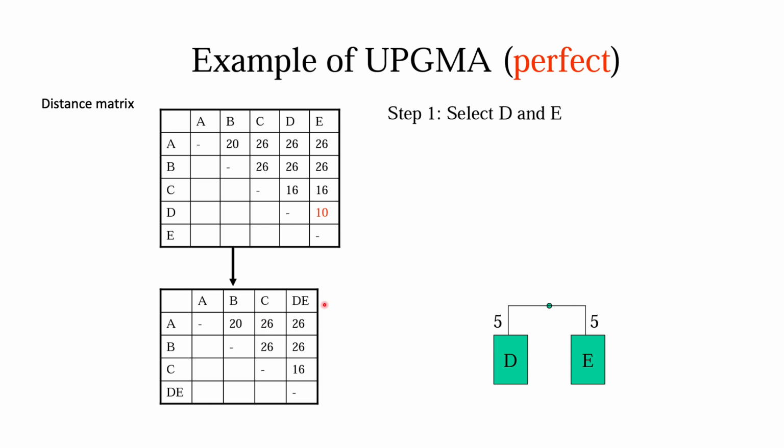So in the matrix, we then merge these two samples together. Here it's easy to merge because the values are the same. So DE here, the distance between A to DE becomes 26, and B to DE becomes 26 again, and C to DE becomes 16.